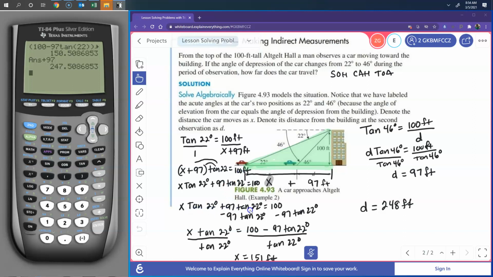And I rewrote the equation here so you can see what I'm doing. I'm subtracting 97 times the tangent of 22 degrees. So this entire expression, which is 100 minus 97 tangent of 22 degrees, is divided by tangent of 22 degrees, which gives you 151 feet. So it's actually from here to here. The total distance traveled, you have to add 97, so you get 248 feet.